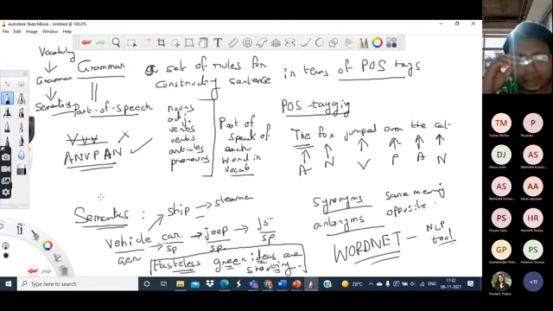Now let us come to this concept of WordNet, which, as I told you, is an online tool which tells us the relationships between different words. For any natural language processing task which we use these days, WordNet is a very important online resource, as it takes care of all three components: the vocabulary, the grammar, as well as the semantics.